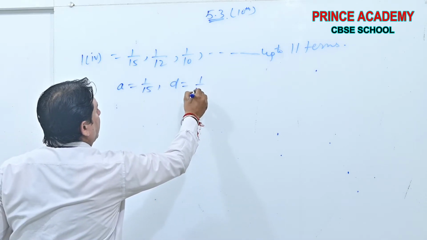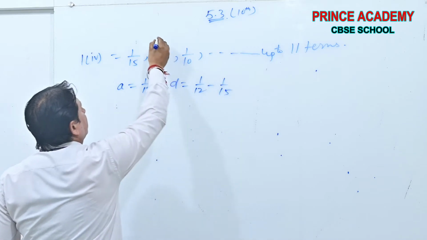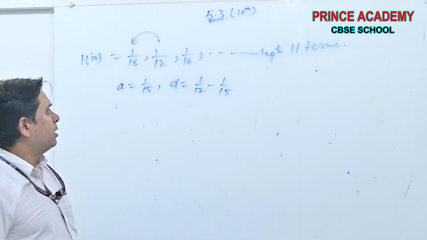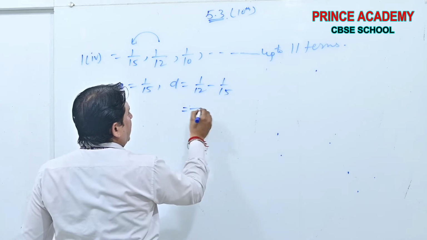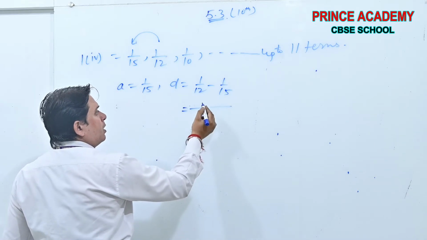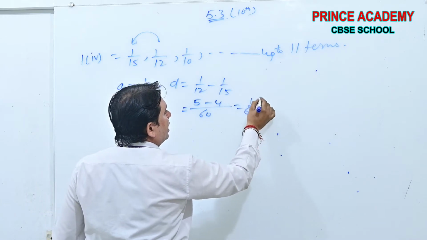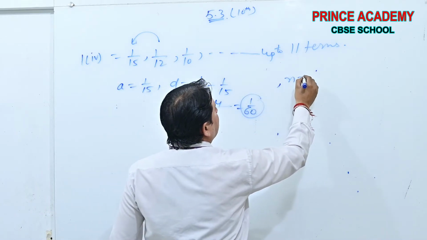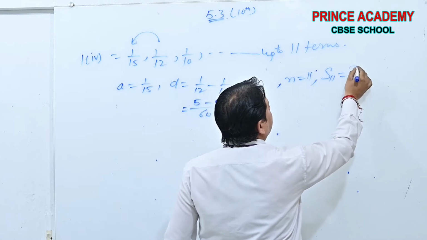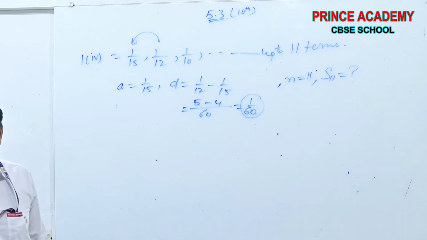Common difference is 1 by 12 minus 1 by 15. Can I write this minus this? If you see, 60 is the LCM here. 5 minus 4, 1 by 60 is the common difference. N is 11. We have to find S11.